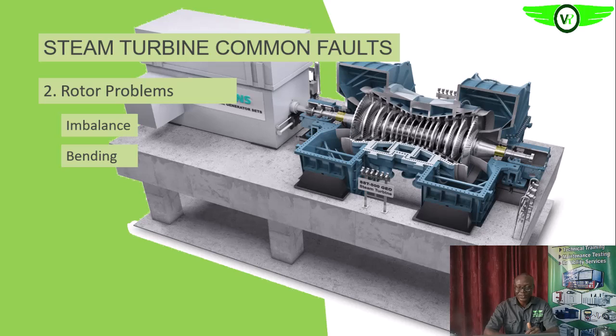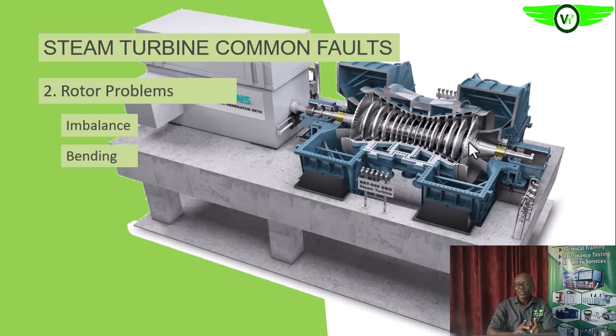The next one we are going to be looking at is bending, or bowing, shaft bow. The shaft, especially on larger steam turbines, can actually bend or bow. Are we getting it? During operations, if there are temperature gradients on the rotor, some parts of the rotor will expand more than other parts. That will definitely cause a bending of the rotor.